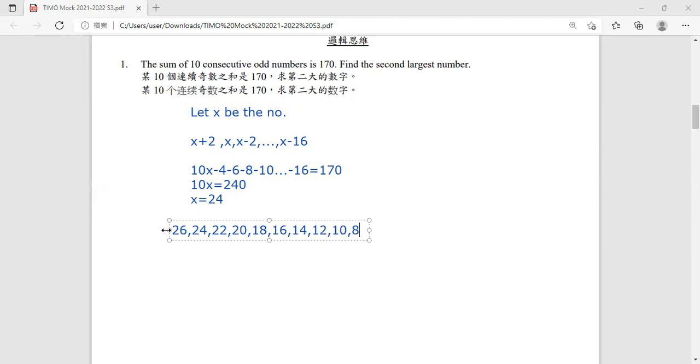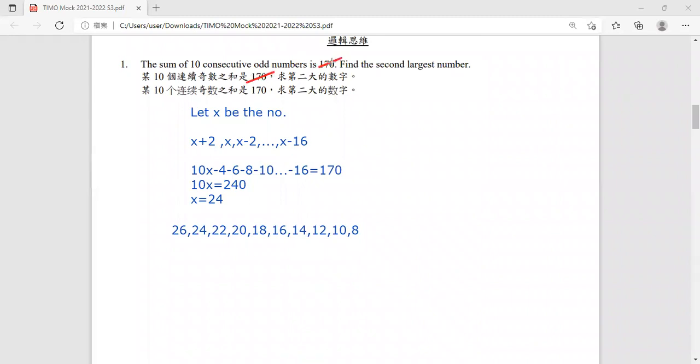Actually, these sums are 170. So the question is set wrong. I think the question should be set somewhere right here, but it's okay. The method is the same. So I know that sometimes the question is set wrong, but it's okay.